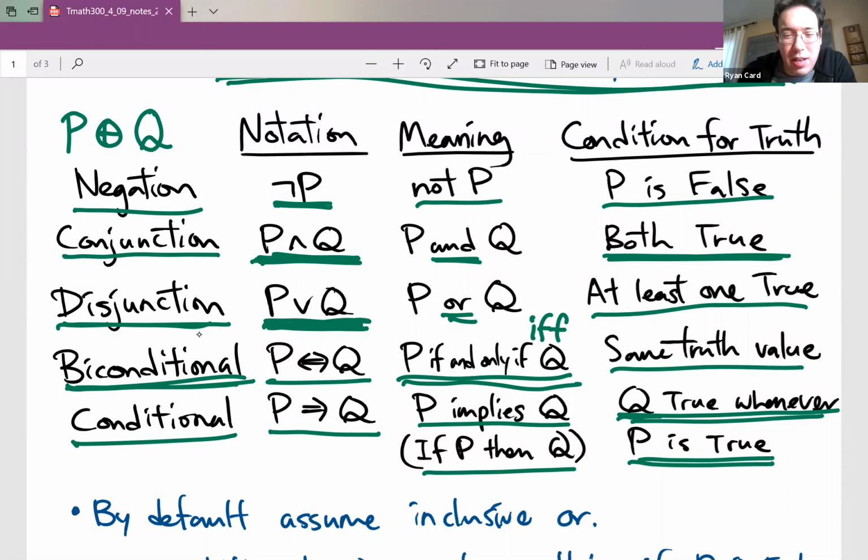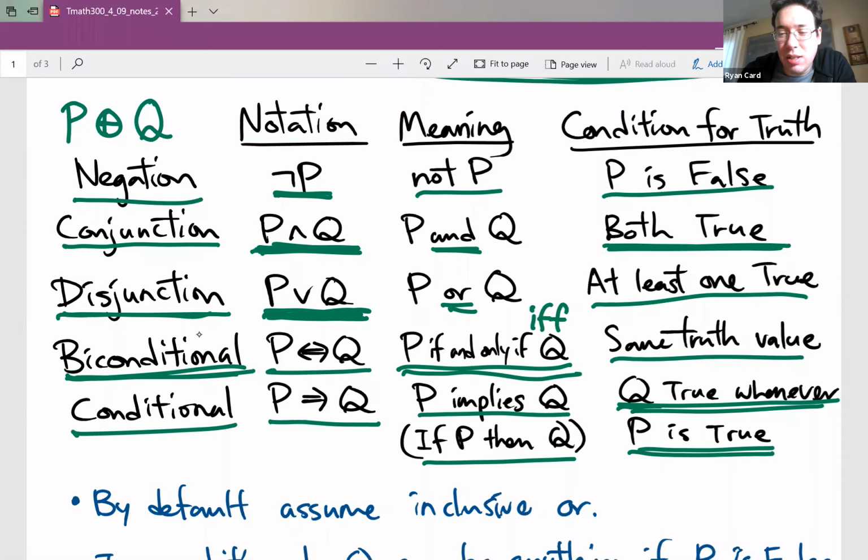I think another way to think about it is like the only thing that could go wrong is when a true statement is pointing towards a false statement. So you cannot have P be true and Q be false. Any other combination is fine. You could have a true statement pointing towards a true statement, that's okay.